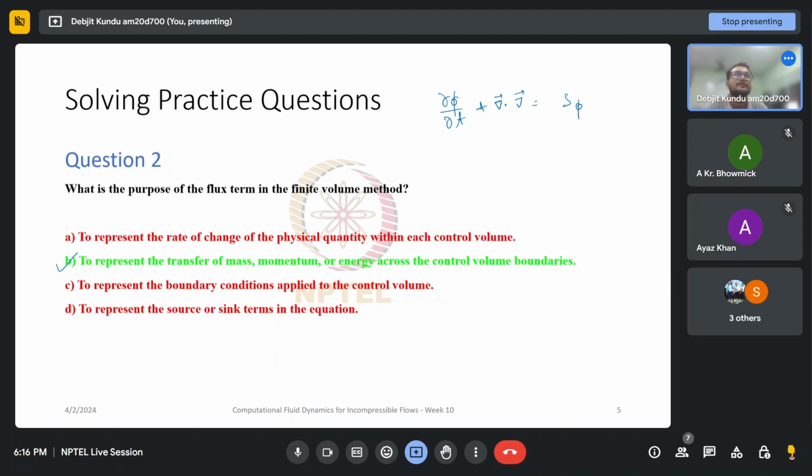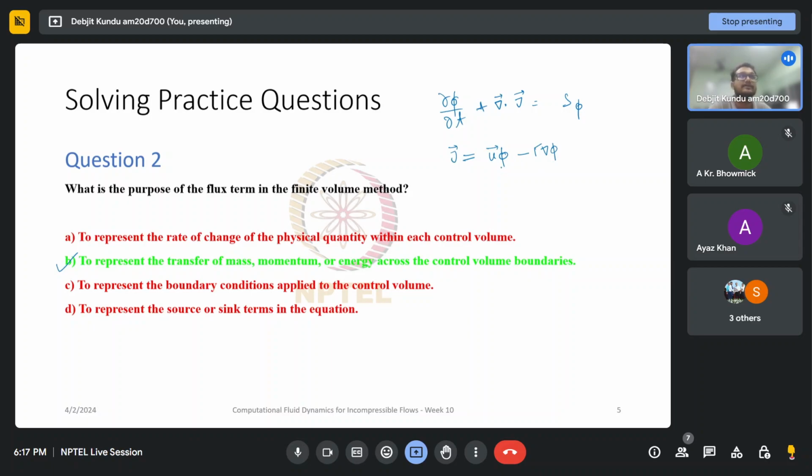So the flux term basically represents the convective flux, whatever physical quantity is being convected into the control volume, minus the gradient of phi into whatever diffusion coefficient is involved with that particular physical quantity.